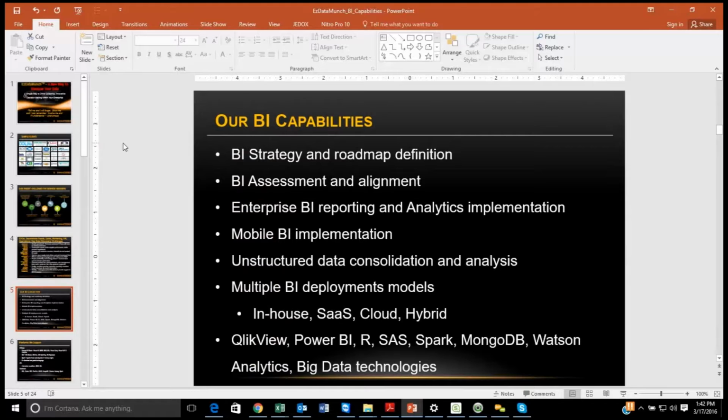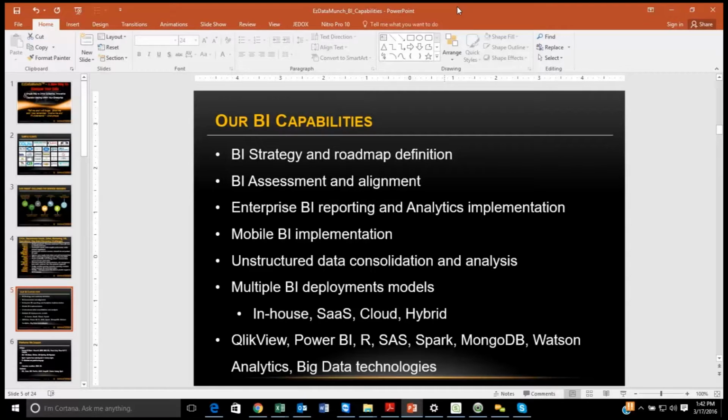Just to give a brief background around our BI capabilities, Easy Data Munch has been instrumental in providing various BI strategy and roadmaps to our customers. We do BI assessments and alignment to your organization strategy, looking forward 3 to 5 years, and see how you can utilize data in your organization today. We also provide various BI solutions.